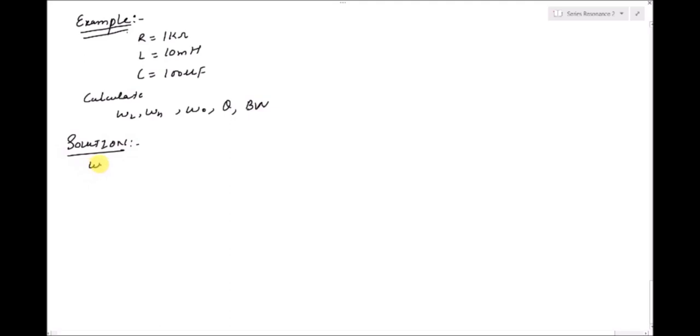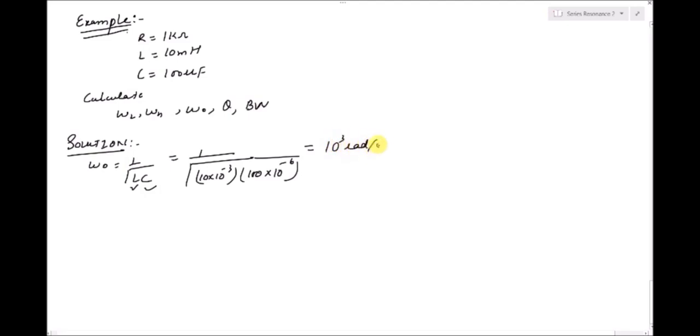So we will start with the resonant frequency. Omega naught is equal to 1 over root LC. We know the values of inductance and capacitance, so it will be 1 over the square root of 10 millihenry times 100 microfarad. So the value for the resonant frequency will be 10 raised to 3 radian per second.